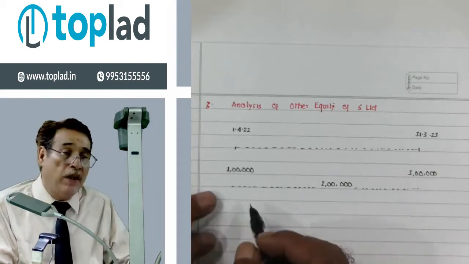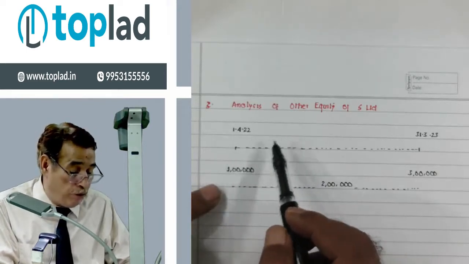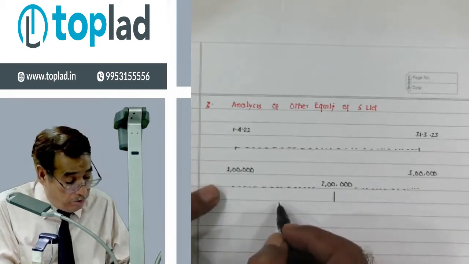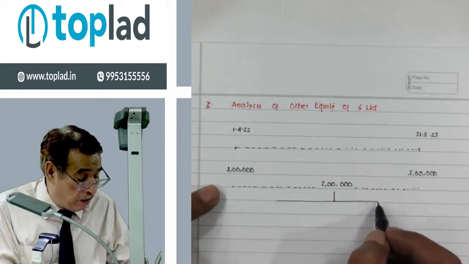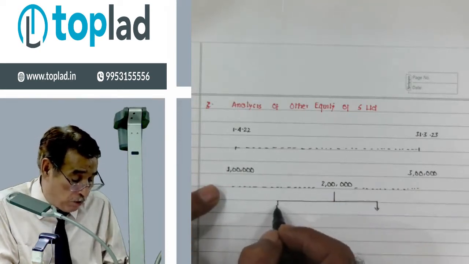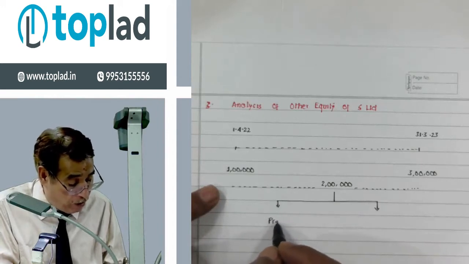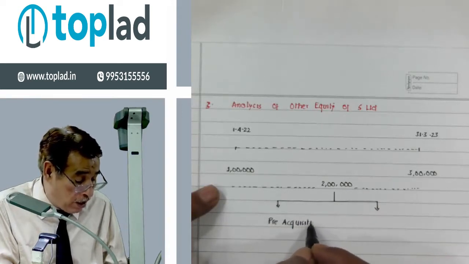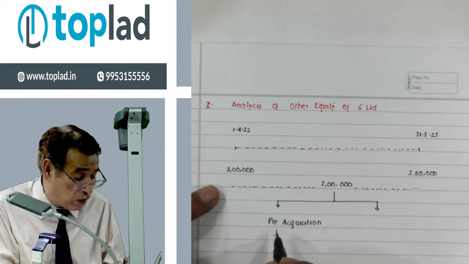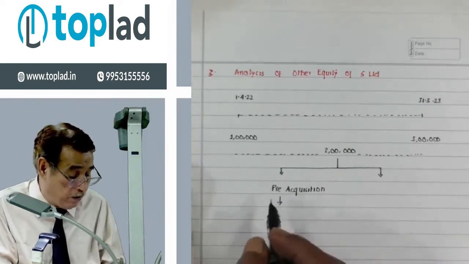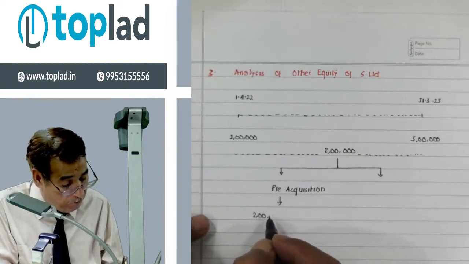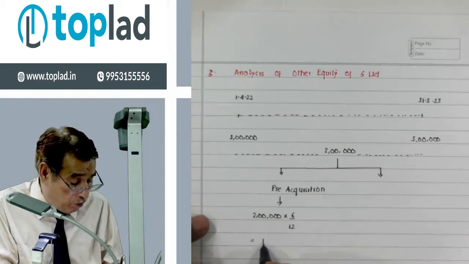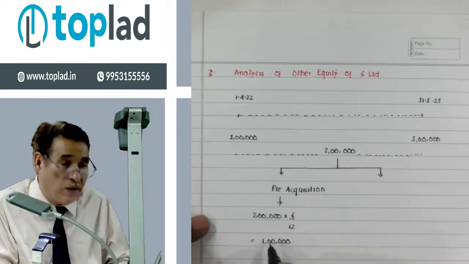However, because accounting period is divided into post and pre-acquisition period, out of this 2 lakh, in the first 6 months, subsidiary company must have earned 2 lakh into 6/12. Out of this 2 lakh, rupees 1 lakh must have been earned in the first 6 months, correct?